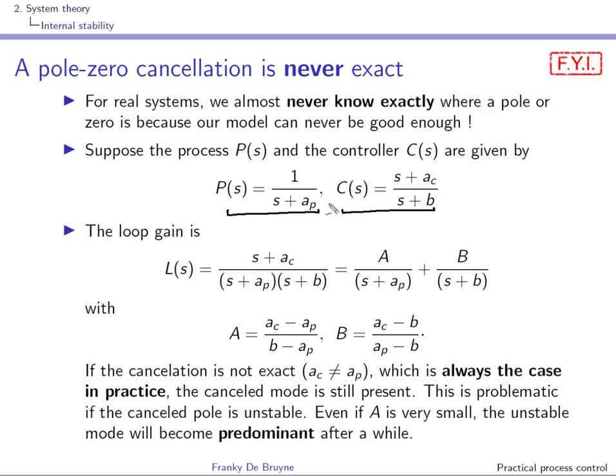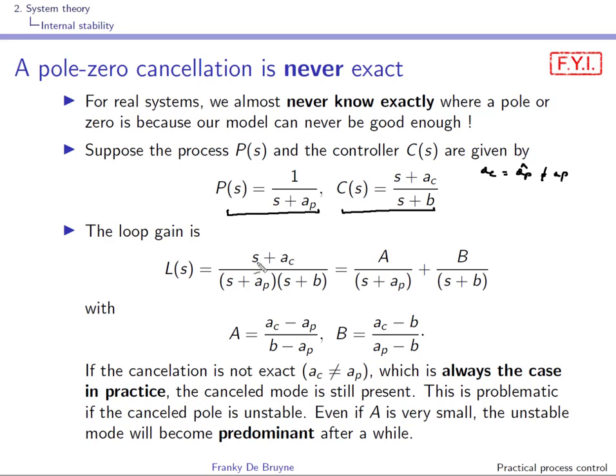So this is the actual pole minus AP, and the actual zero will be minus AC. So AC here is really an estimate of AP, and in general it will be different than AP.